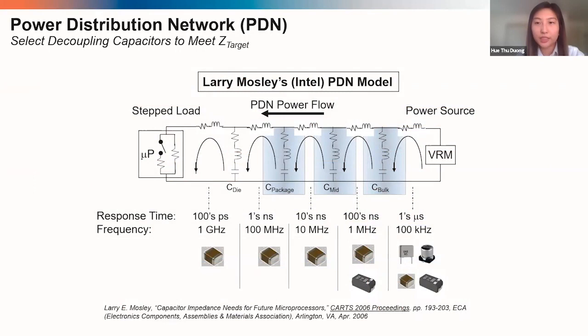And lastly, within this decoupling section, this is a real world example of a power distribution network designed by Larry Mosley to demonstrate that as we move closer to the target, as the frequency increases, there are various capacitors that we tend to use.